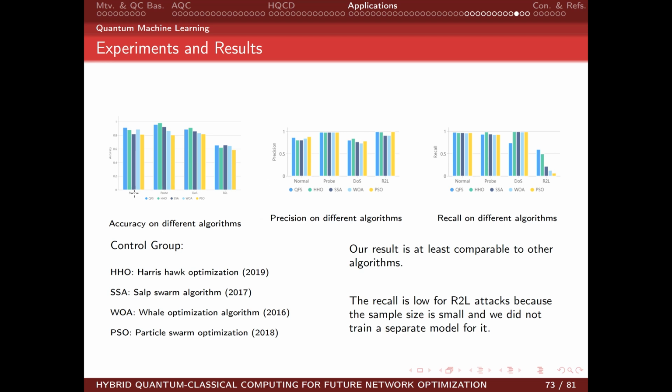The bars represent the score obtained by each algorithm, and the different colors of the bars represent different algorithms. The quantum QFS represents the quantum feature selection algorithm proposed by us. We can see that most of the time, QFS has very good performance from all three perspectives.